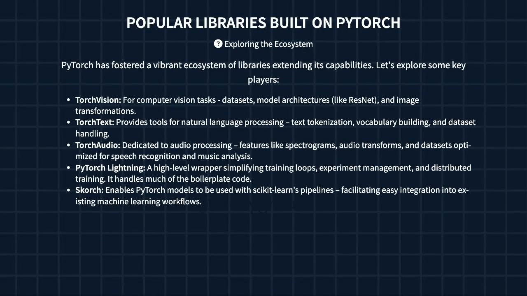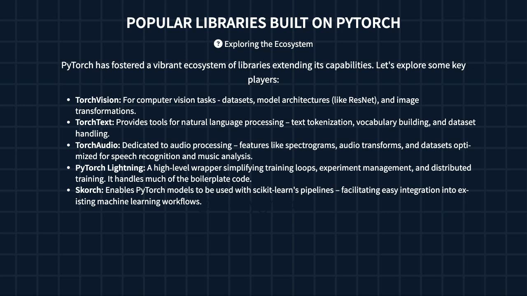Okay, let's talk about the amazing collection of libraries that have sprung up around PyTorch. It's like a thriving community constantly building tools to make things easier. TorchVision is your go-to for all things computer vision, think image recognition and classification. Then there's TorchText, which is fantastic for natural language processing tasks such as analyzing text or building chatbots.